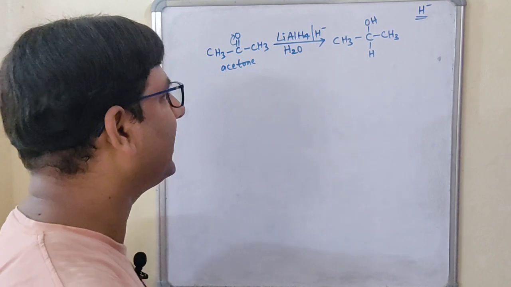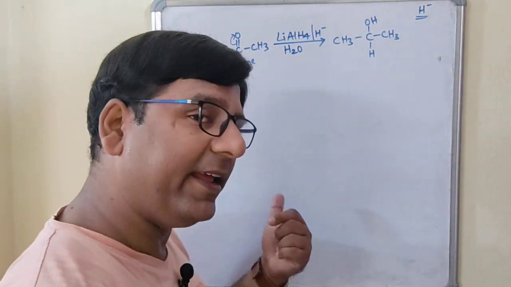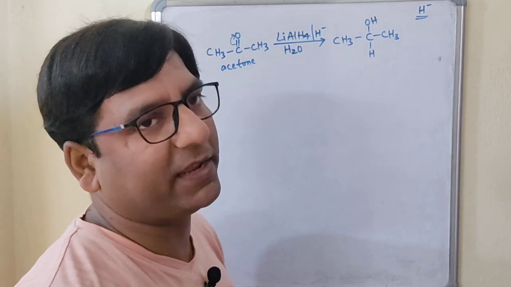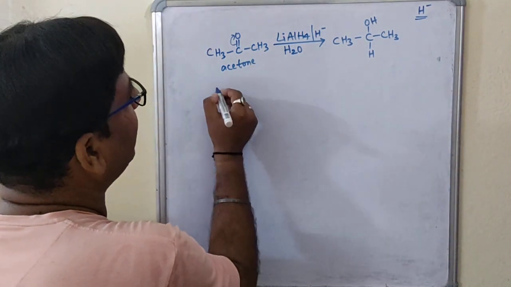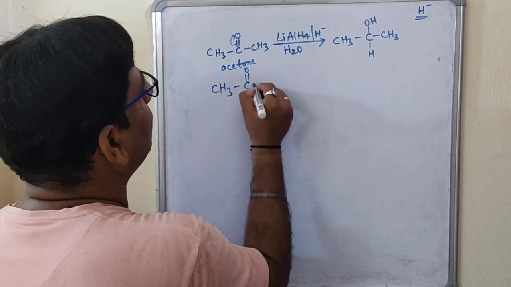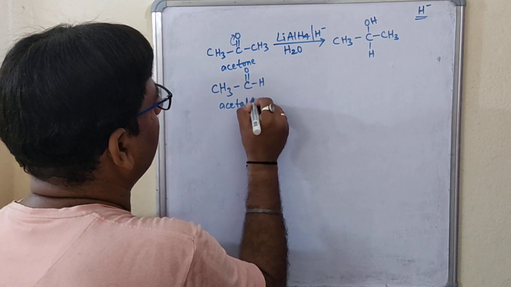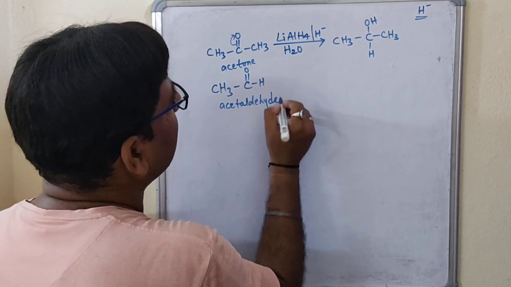As I told you, the ketone, when it is reduced, will give you the secondary alcohol. Aldehyde will give you the primary alcohol. Now let us see one example of aldehyde also. CH3, C double bond O, H. This is acetaldehyde.